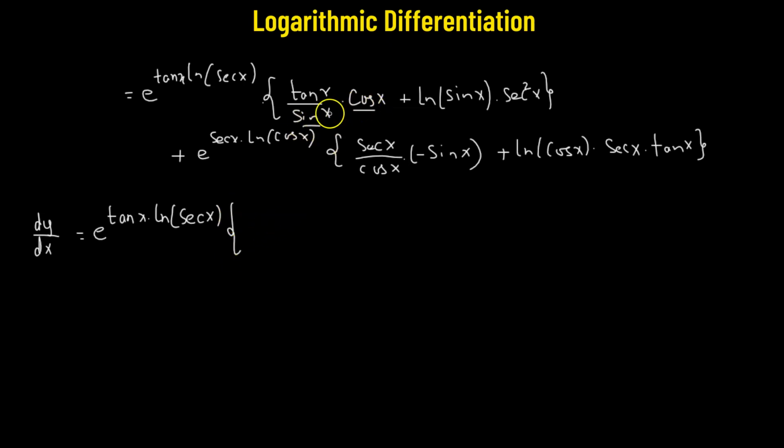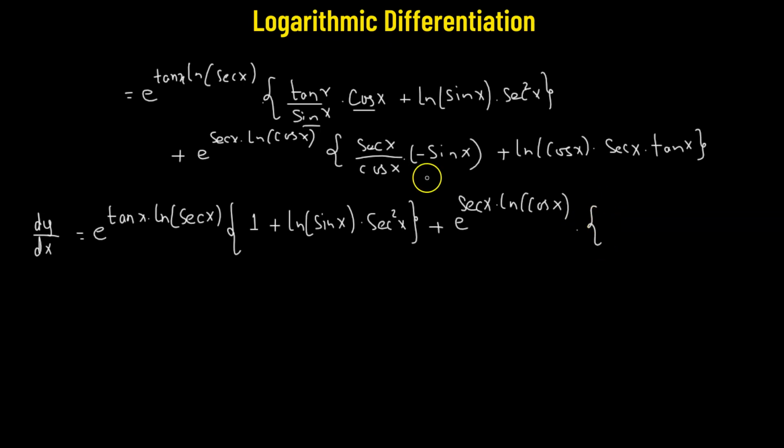So cosine over sine is the cotangent function, that leaves us with tangent times cotangent function, which is simply 1, plus log of sine x multiplied to secant squared x, added to e raised to the power of secant of x times natural log of cosine of x multiplied to, so we have secant of x divided by cosine of x, so this becomes negative secant squared x.